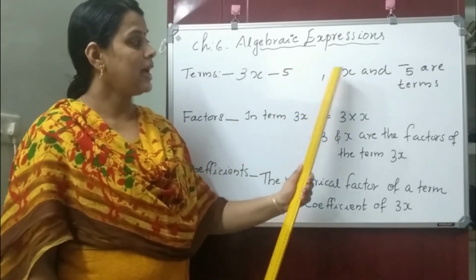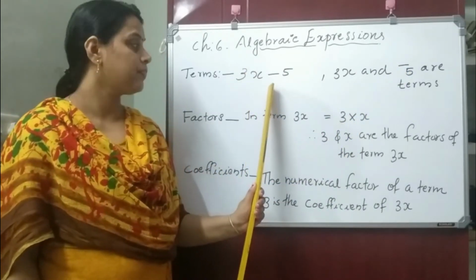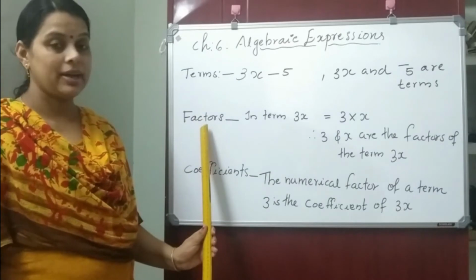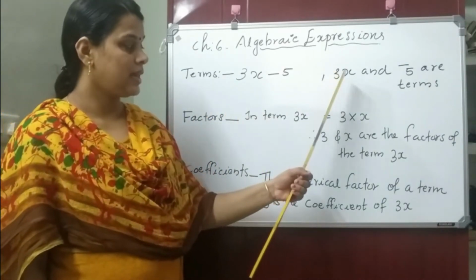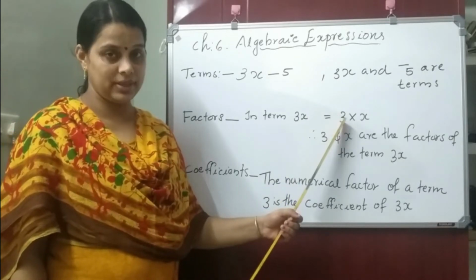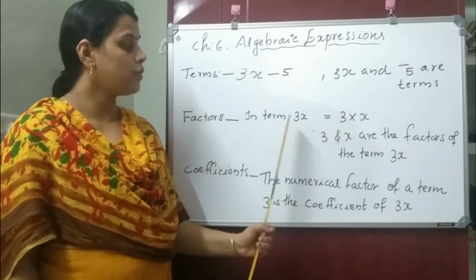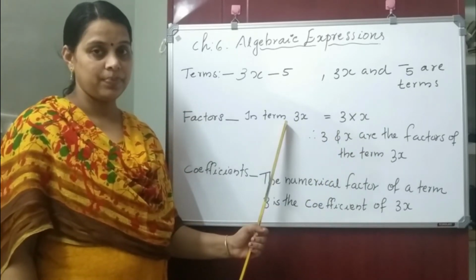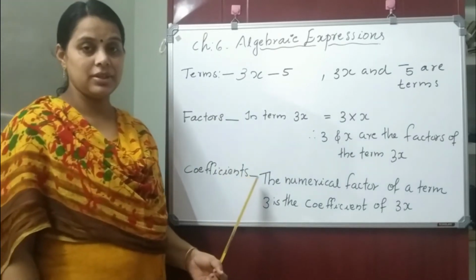So, 3x and minus 5 are the terms of this algebraic expression. Now, what are factors? In the term 3x we can write 3 into x. So, we can say 3 and x are the factors of the term 3x. Understood?